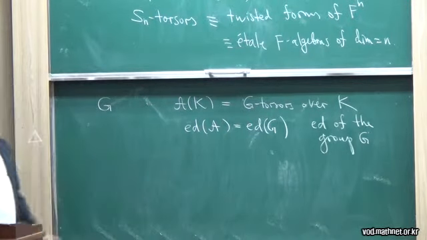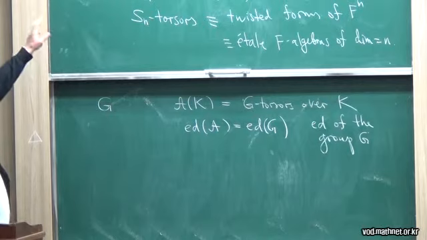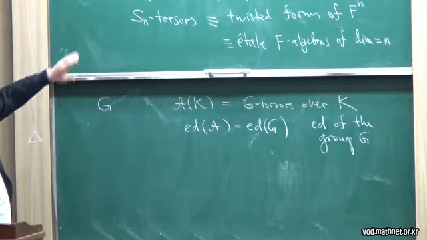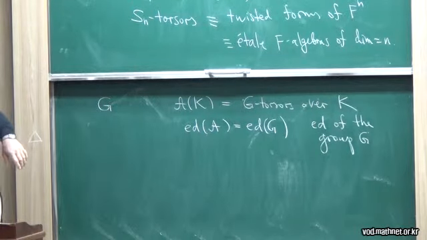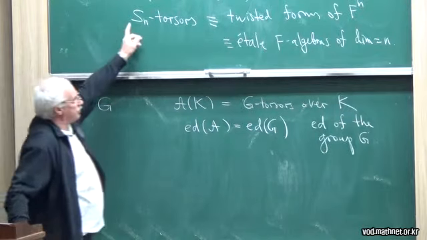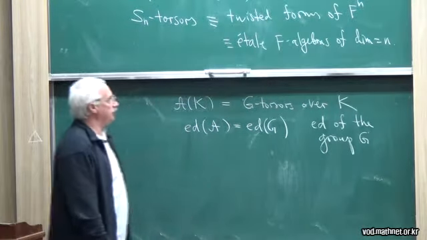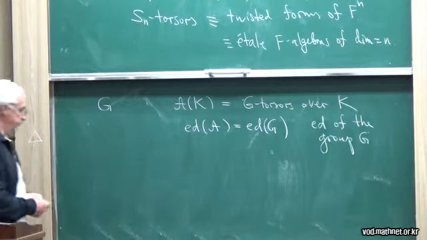It's the complexity of the class of the torsors. Essential dimension of PGL_n is the complexity of the central simple algebras. Essential dimension of S_n is the complexity of the étale F-algebras.